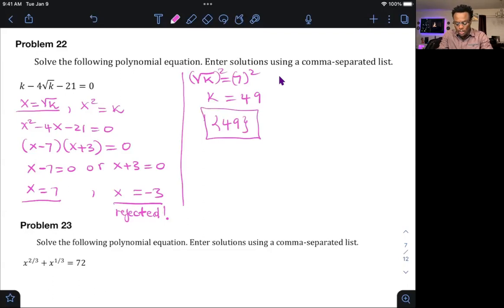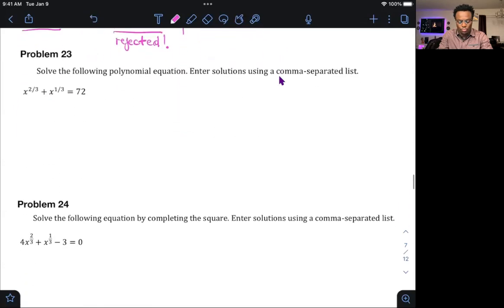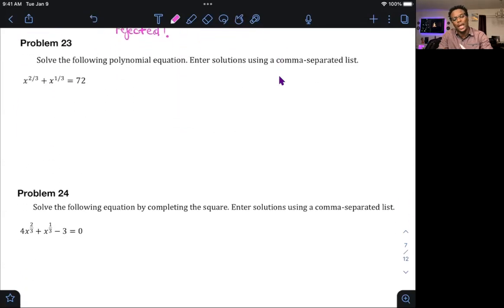For your next problem, you're going to do the same thing, but every time you see those situations, you may want to think about what type of change of variables you need to do in order to solve this problem. Just like we're looking at, you see how instead of x squared, we have x exponent 2/3.